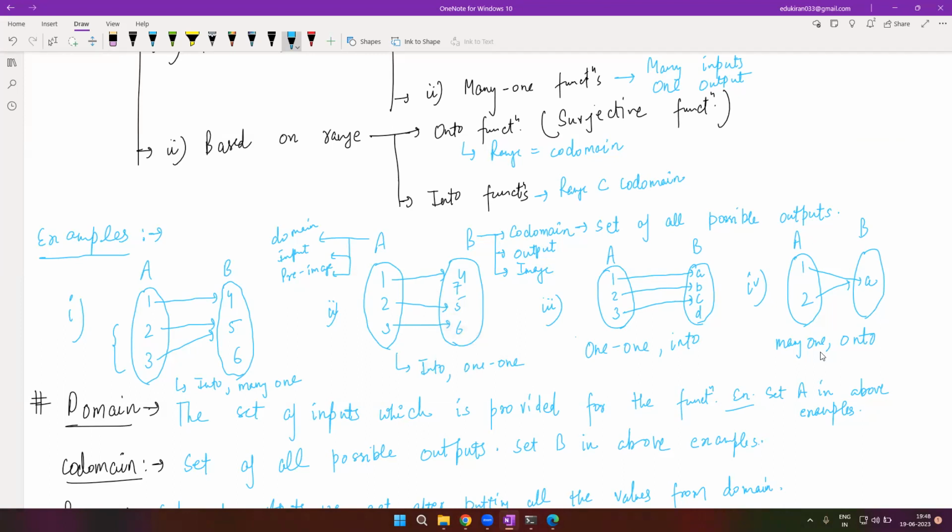So in this case, we can say that the given function is many one onto.